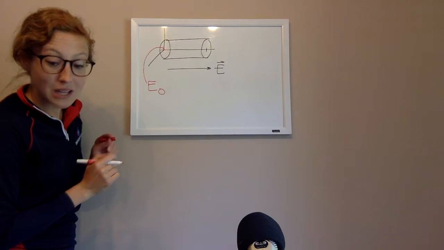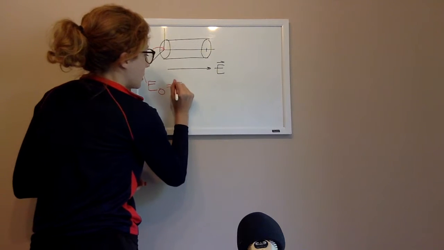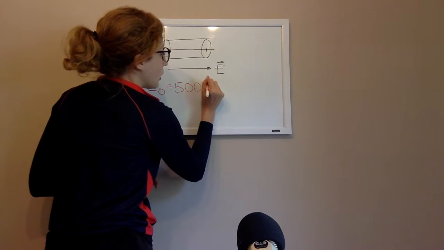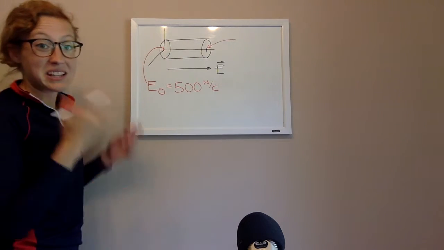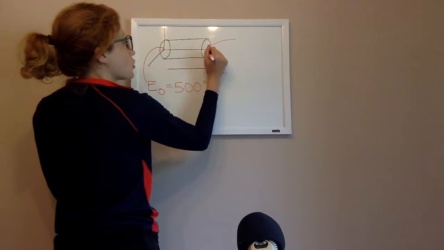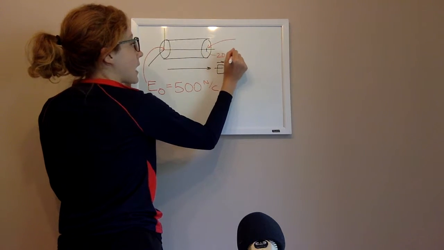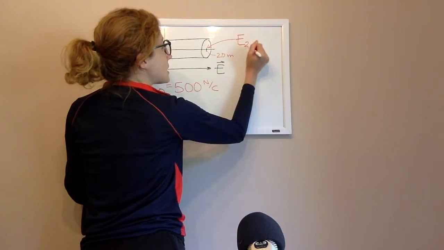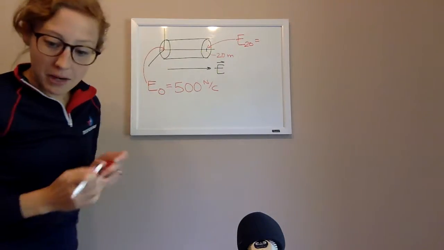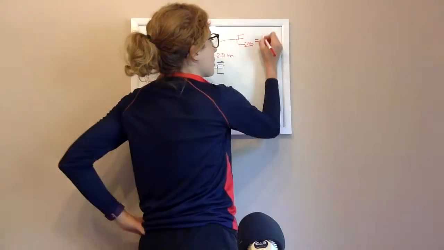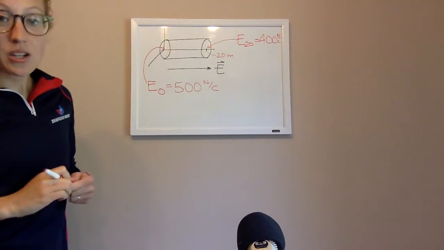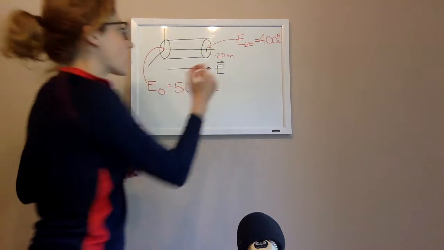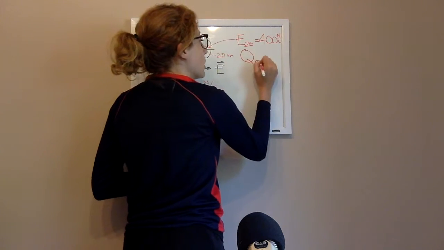Maybe this is 500 newtons per coulomb. And then way out here, at a length of 20 meters or something like that, I'll call this E20. In this case, it might be equal to, let's say, 400 newtons per coulomb. Something like that.